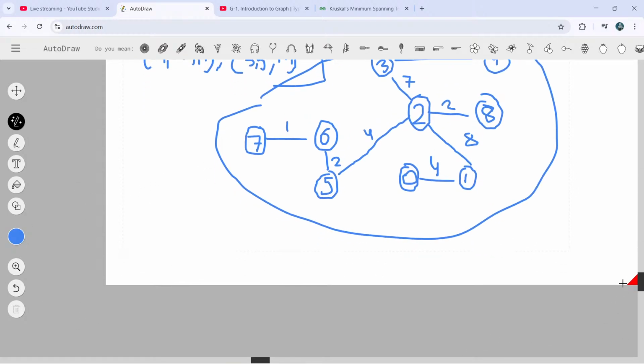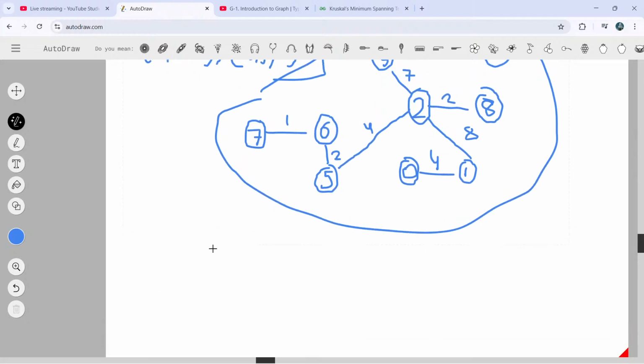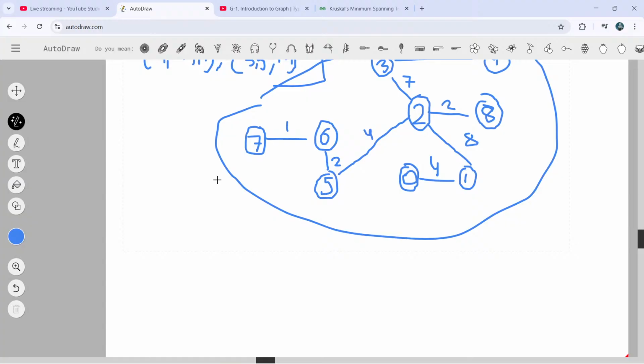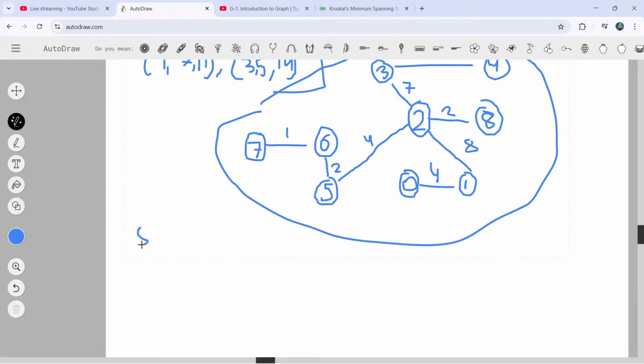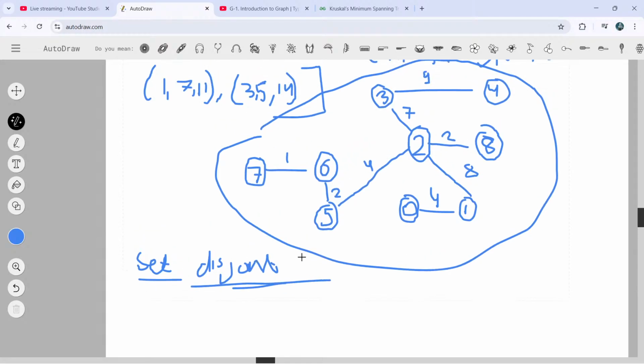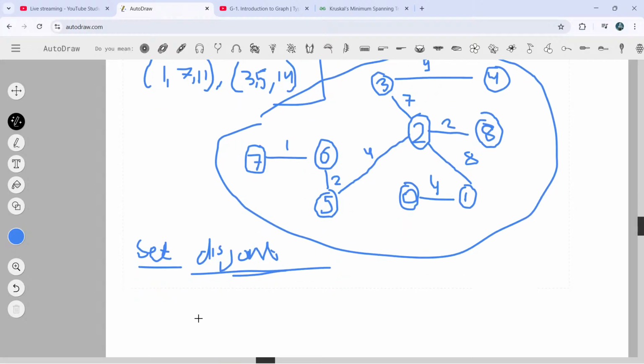Let's say, can you find the pattern that they are like a disjoint set data structure? So we can create a disjoint set, right? Initially all are disjoint, all in single sets, and when we keep on adding elements, initially 1 2 3 4 5 6 7 8 are separate.